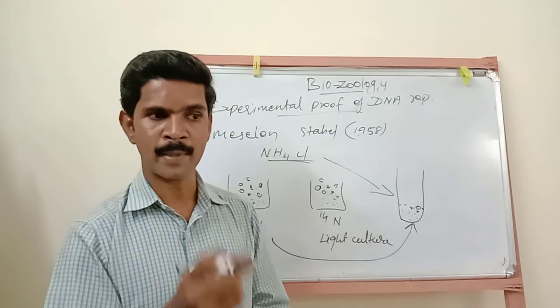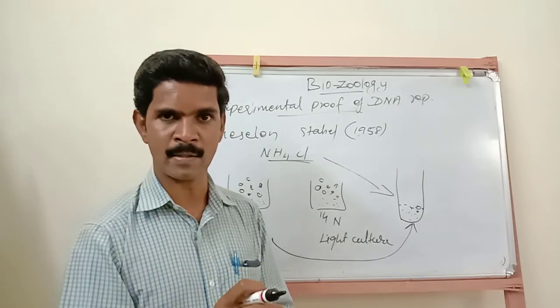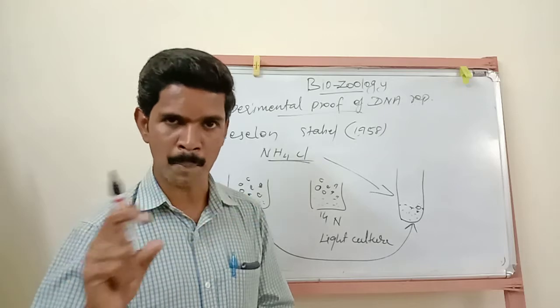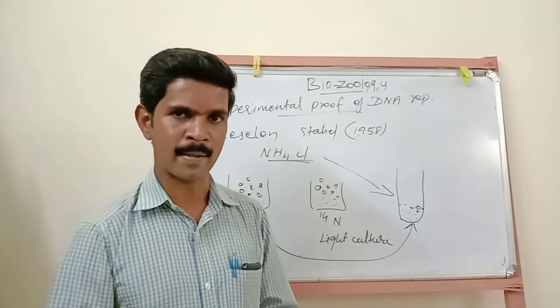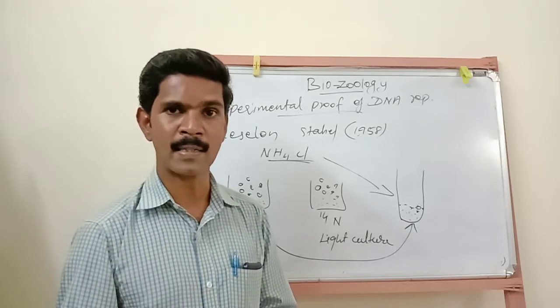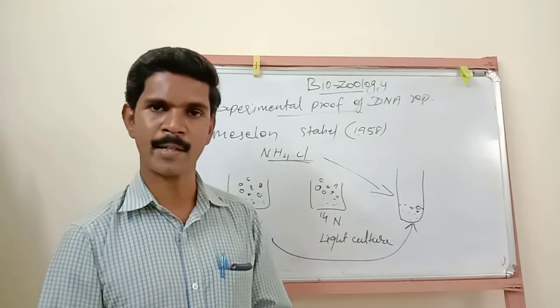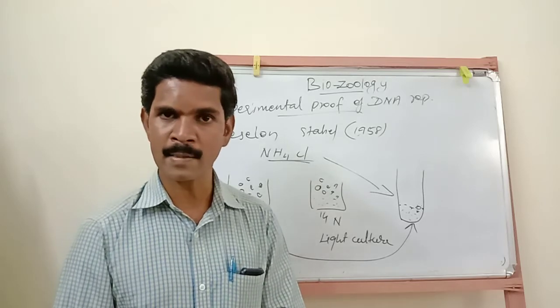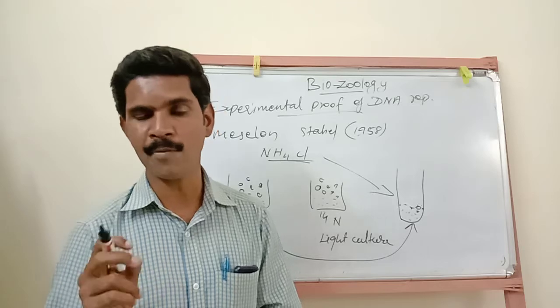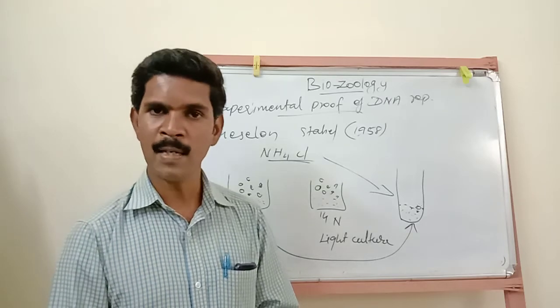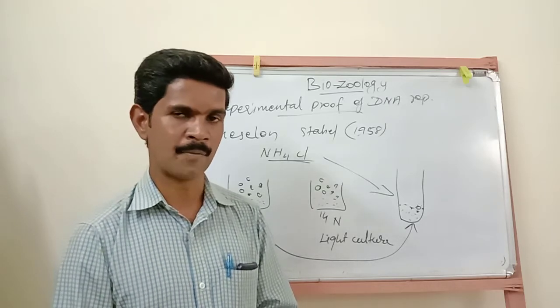They observed the DNA molecules settled as a single band in an intermediate position. Here intermediate position means this DNA consists of both N15 and N14.